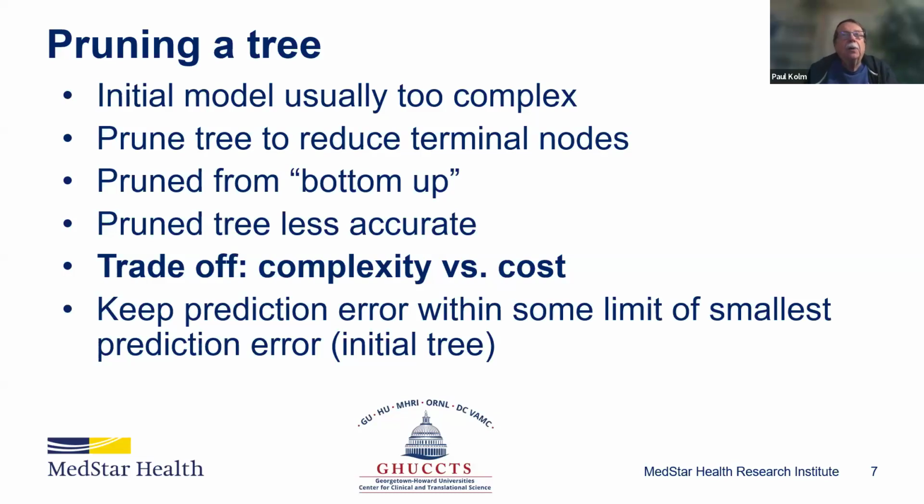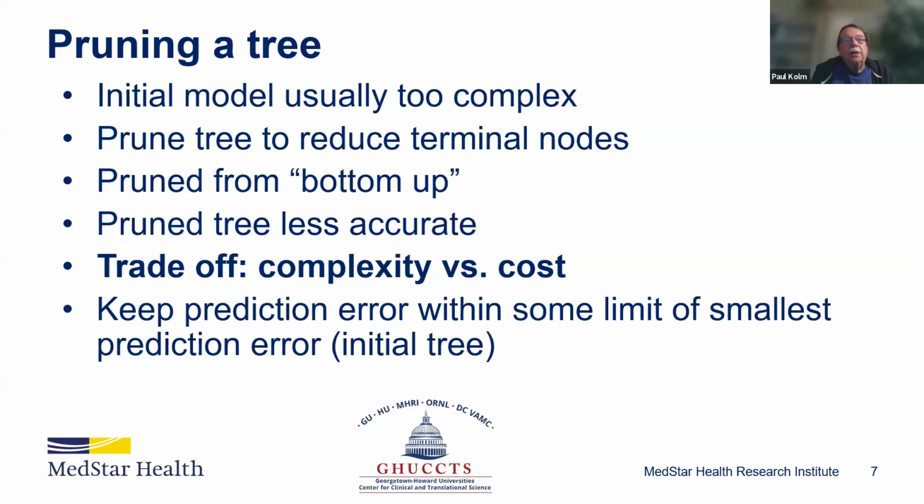And just like in regular linear regression, we can take out some of the variables, but our model is going to be less accurate in predicting the outcome. So we have what is basically going to be tension in our model: we want to trade off between complexity and cost, referring to how accurate our model is.